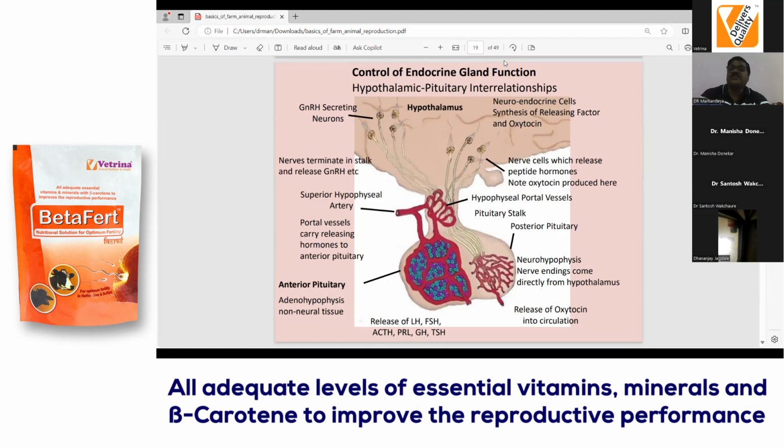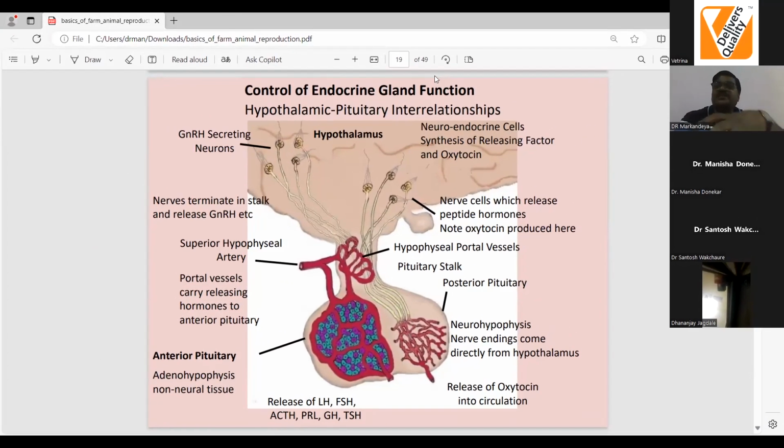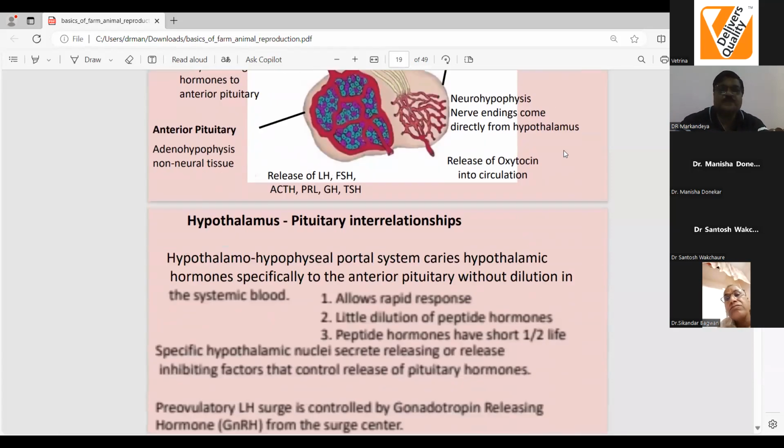So initially it was FSH-like, but the alpha, beta subunits will change, and now with the recombination of the available parts, LH will come into the picture for final growth and development of the follicle, for ovulation, and also for formation of the corpus luteum. So this is all the neuroendocrine control of reproduction in case of farm animals. Next one, please.